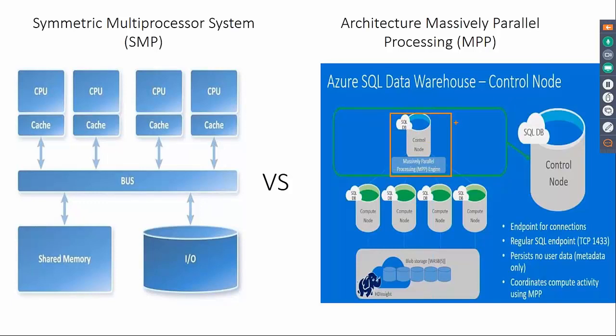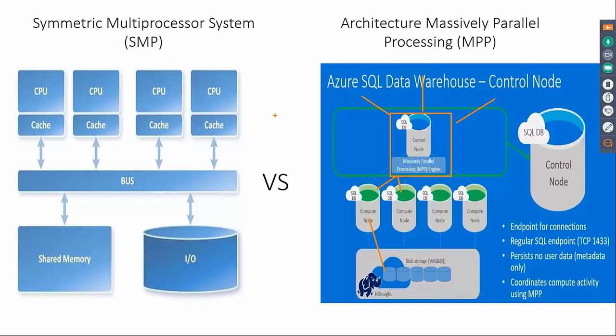It's going to receive all the queries from the different users. This example applies to Azure Data Warehouse, but actually it applies to other big data systems as well. This control node is going to receive all the queries and is going to distribute the queries across different compute nodes. The big difference with this one is that each compute node has its own memory and its own storage. The CPUs are no longer sharing storage and memory at the same time.